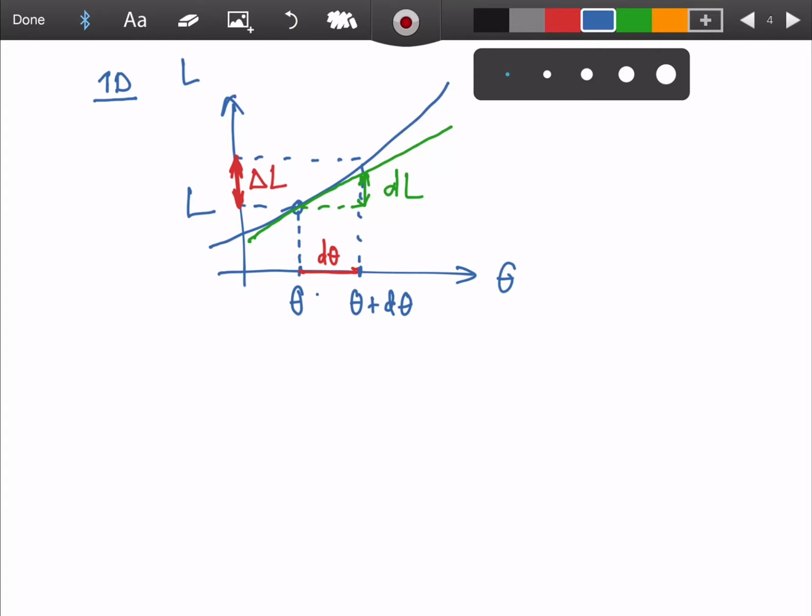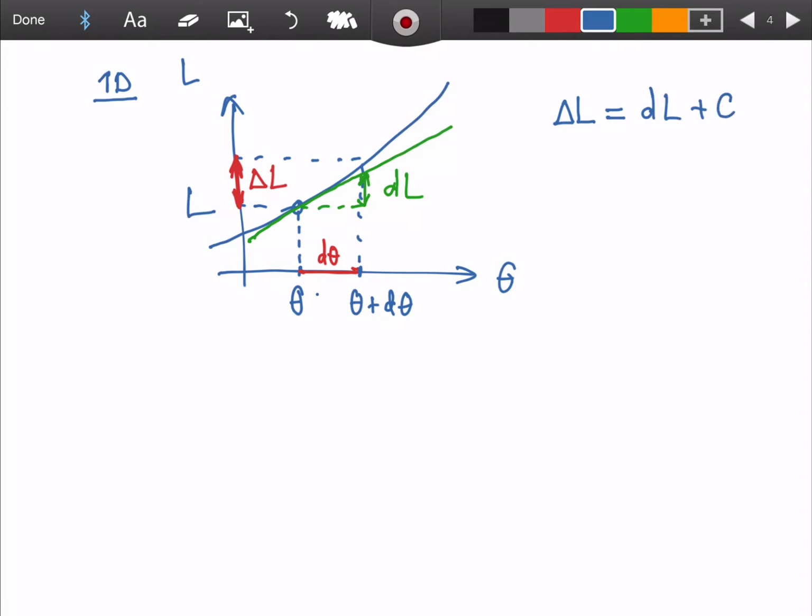And if I have a good function, a nicely behaving function, it will happen that delta L will be equal to dl plus some error that depends quadratically on d theta. Of course I should write it formally as a limit, but you see the idea.